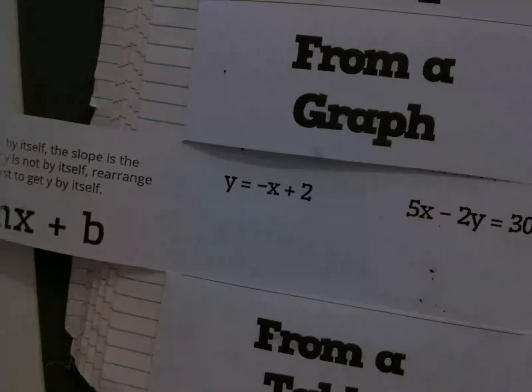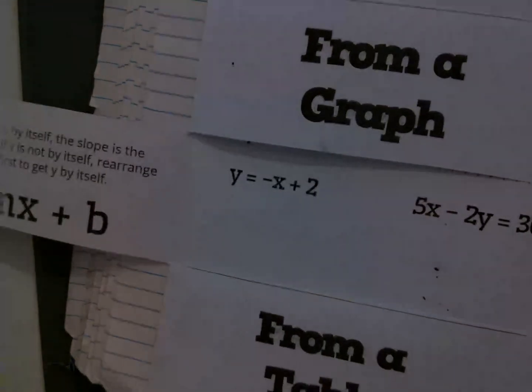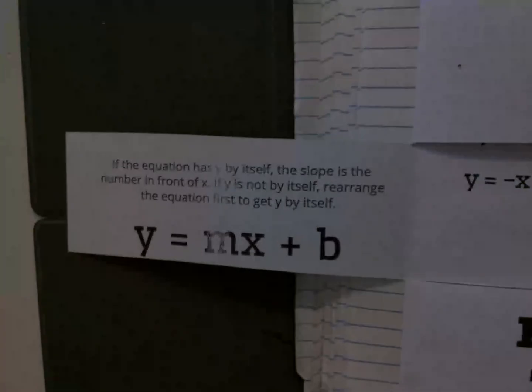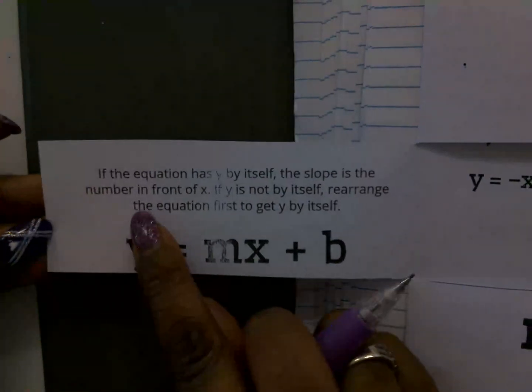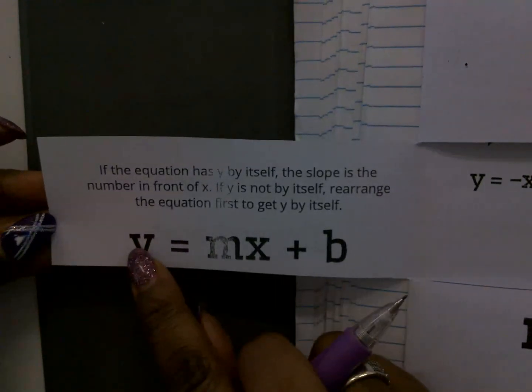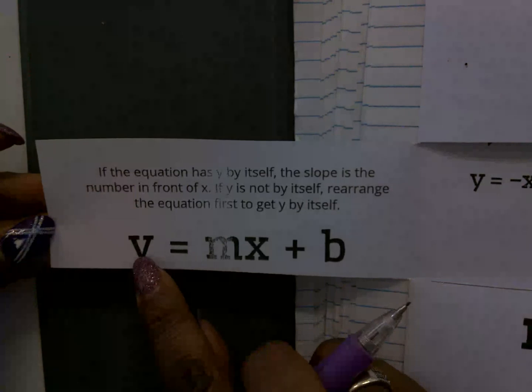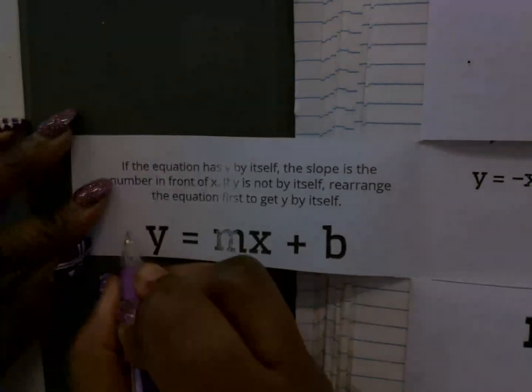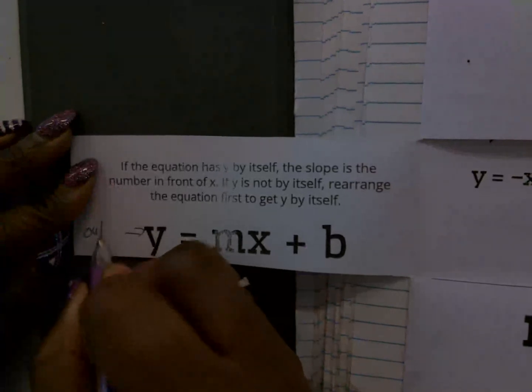All right, here we go. Slope-intercept form is the way an equation is written. Of course, you have your y, which is your total, your output.